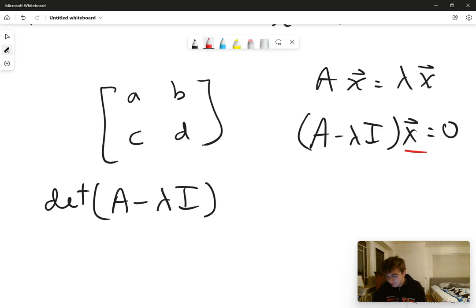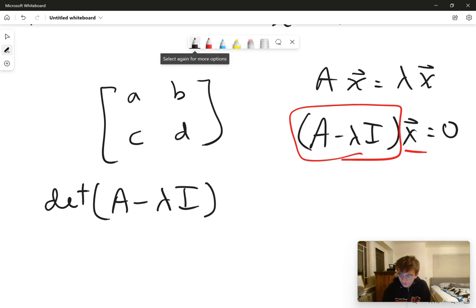And so non-trivial solutions can only occur when this matrix is not linearly independent, okay, or when it's singular. And so that occurs when the matrix has a 0 determinant. So we're just going to take the determinant of A minus lambda I and set it equal to 0 to find non-trivial solutions to this equation, okay?